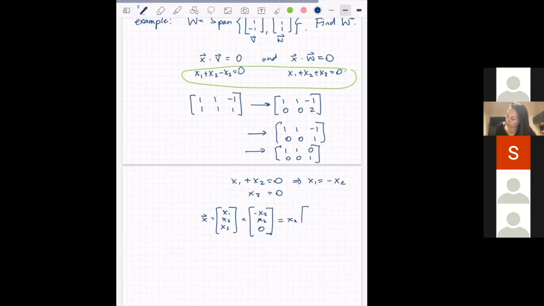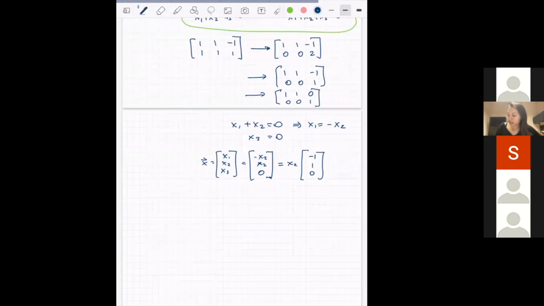This means that W perp is equal to the span of this vector (-1, 1, 0).